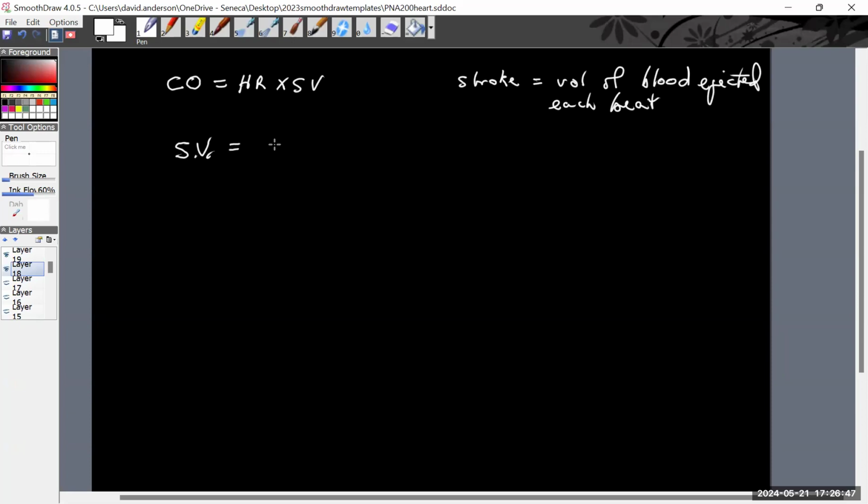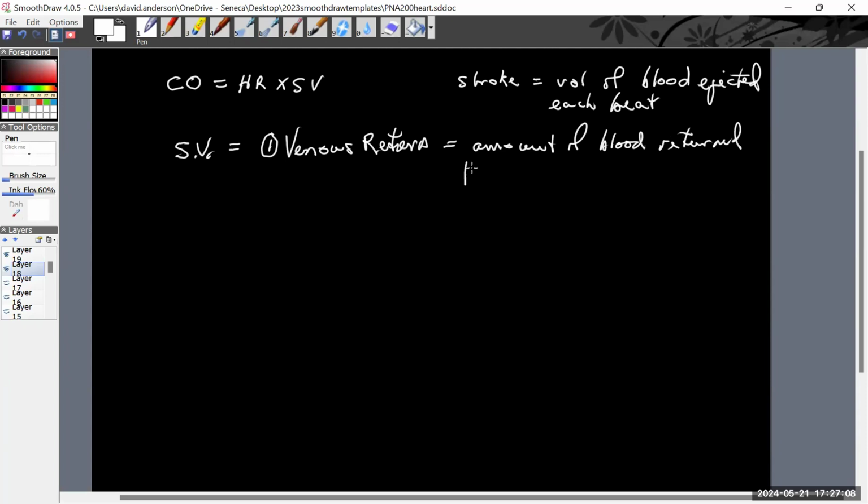Stroke volume is going to be dependent on something we call venous return. And that's the amount of blood returned to the heart in a cycle, or in other words, in a beat.